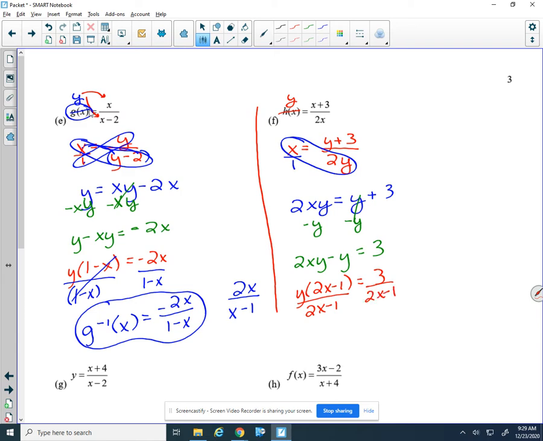Looking back at my notation, this is h of x, so this new function is called h inverse of x. If I had this switched, so I had my negative in the numerator instead, I would have negative 3 over negative 2x plus 1, which I'm going to write as 1 minus 2x. Either way would be fine.